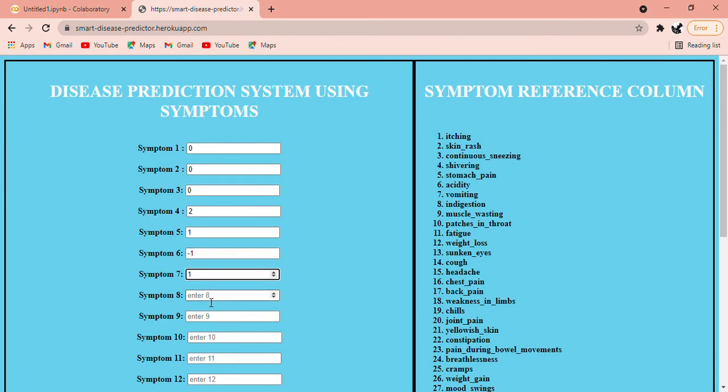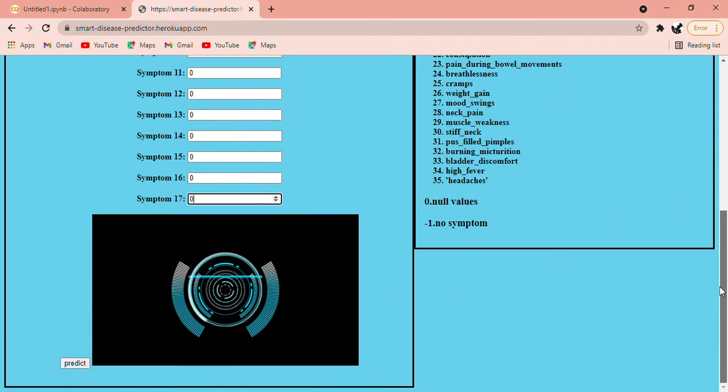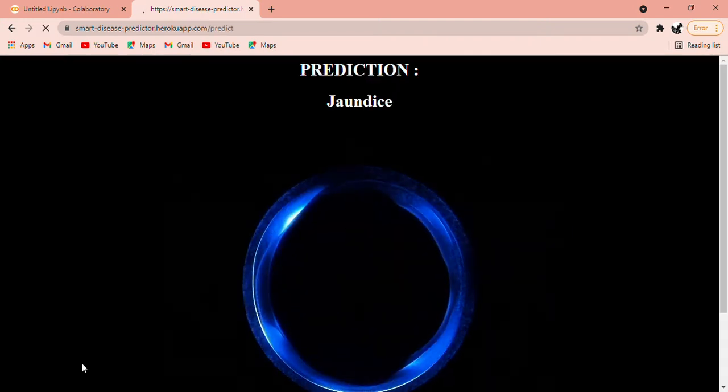We're just inputting random numbers, and then a chain of zeros. There we go. I'd like to see the kind of disease that this patient is ailing from. I press predict, and then we have it.